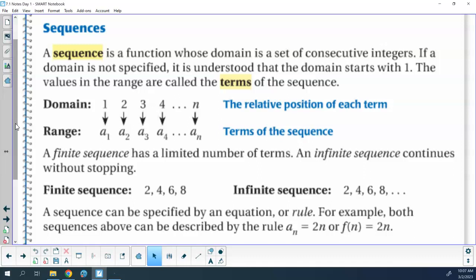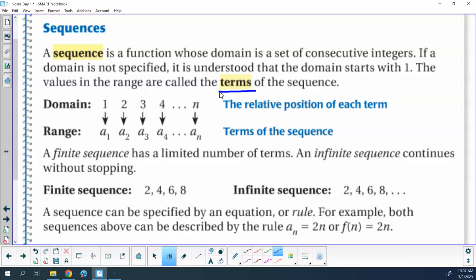Each individual number in the sequence or the series is called a term. So a term is an individual part, an individual number within that related sequence or series. Okay?